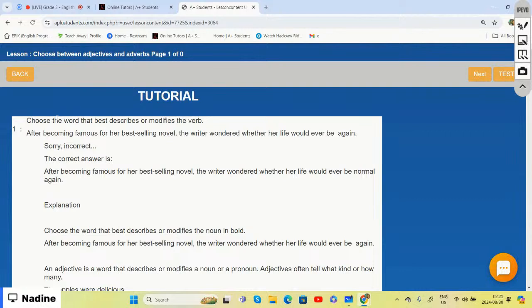It says we need to choose the word that best describes or modifies the verb, meaning we need to choose the adverb.